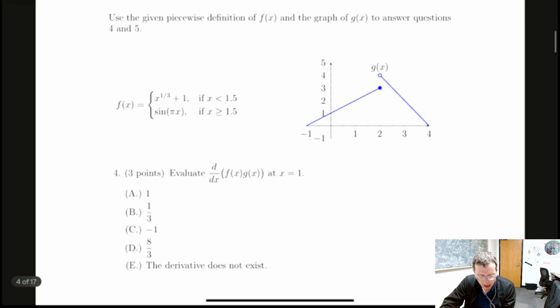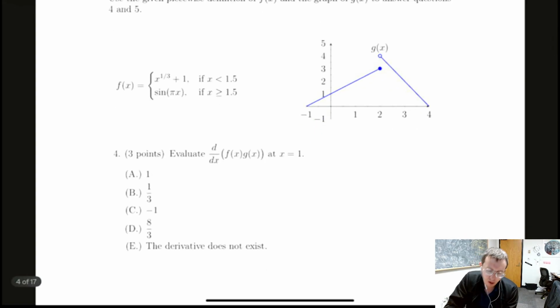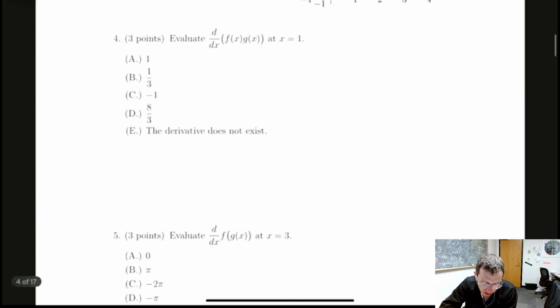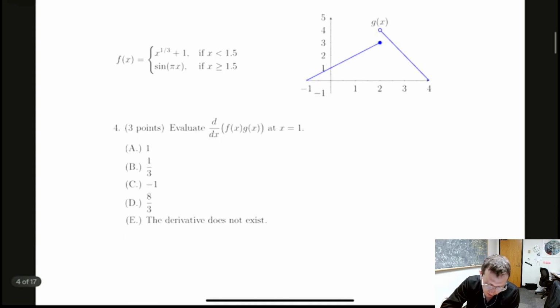We're going to differentiate. This is a classic kind of problem. We give you a graph, we give you an equation. We ask you to show us that you know how to do the chain rule and the product rule.